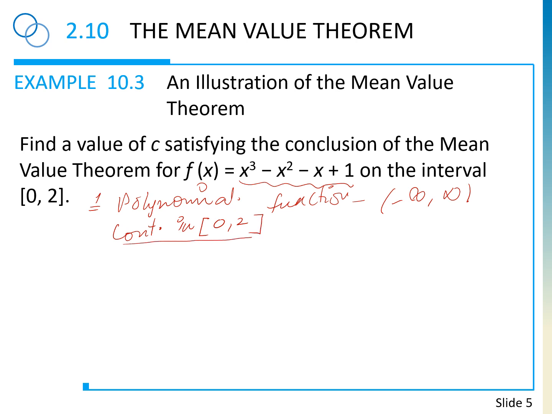It's very important that you write this conclusion. Now take the derivative of the function to see if it is differentiable or not. The derivative of x cubed is 3x squared, minus the derivative of x squared, which is 2x, minus the derivative of x, which is 1. Now this is also a quadratic polynomial function.